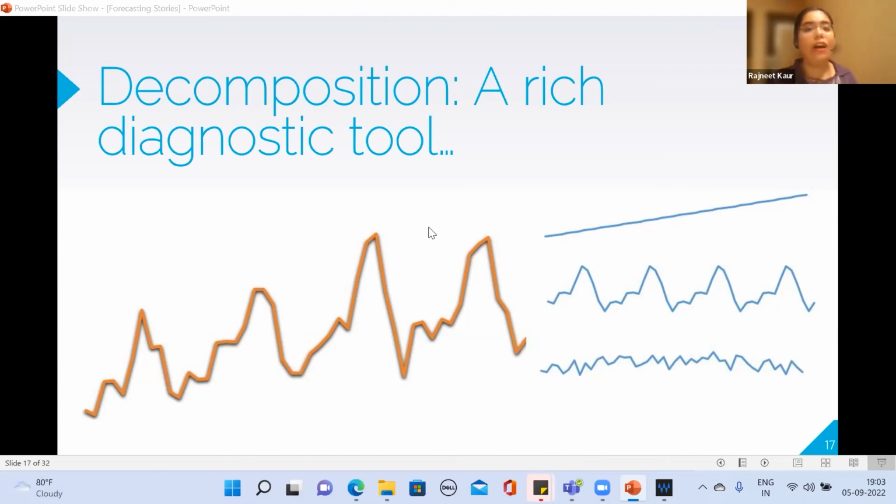We see if something similar happened in history, and we see what happened as an impact of that. Something similar to COVID, right? There were a lot of diseases in the past. When that had happened, how did my forecast change, or how did my regression change, or how did any of the results change?